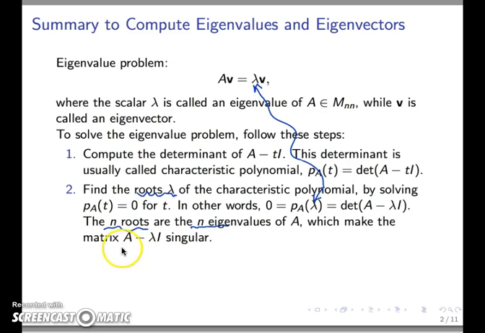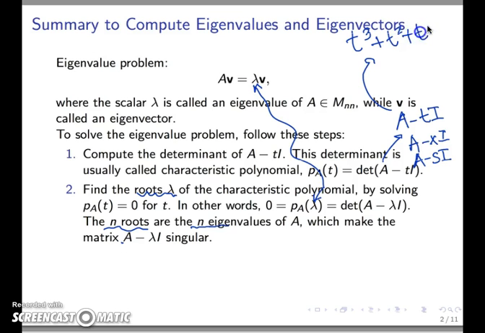And importantly, remember we were working with A minus tI. If you choose another letter, you could write something like A minus xI, or A minus sI. It doesn't matter. Whatever variable you choose, that is the variable in which you write the polynomial, something like t cubed plus t squared plus t plus 1.